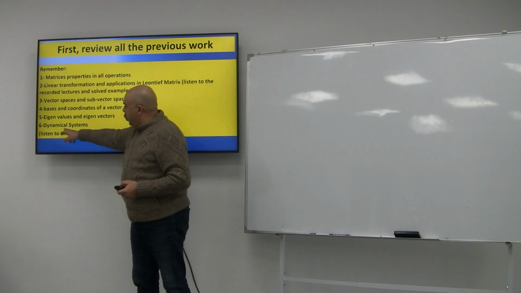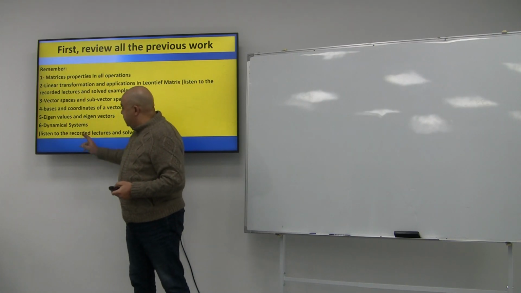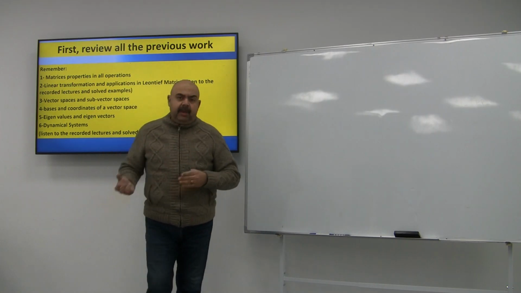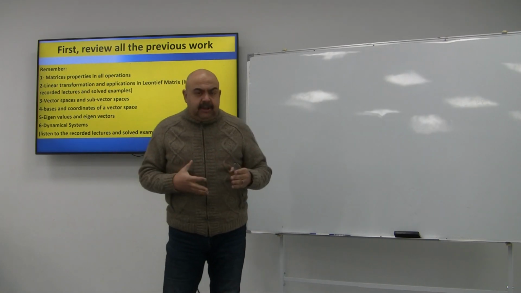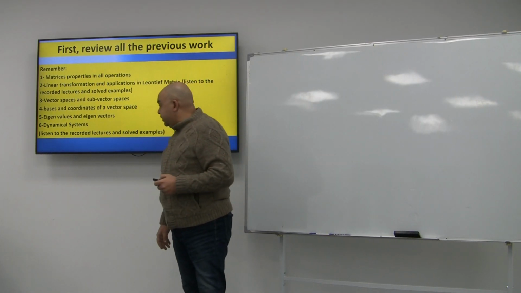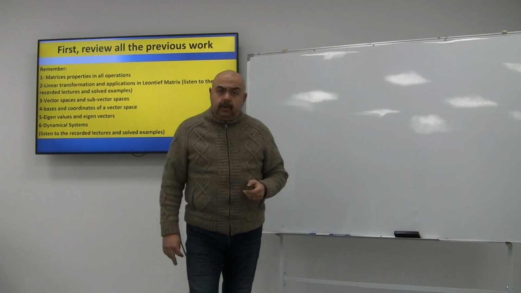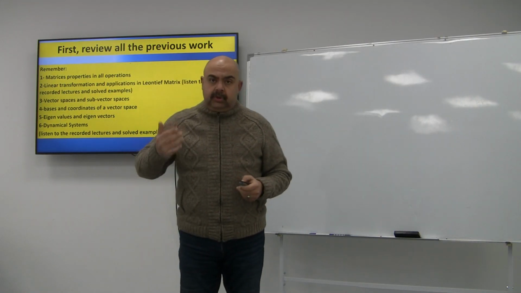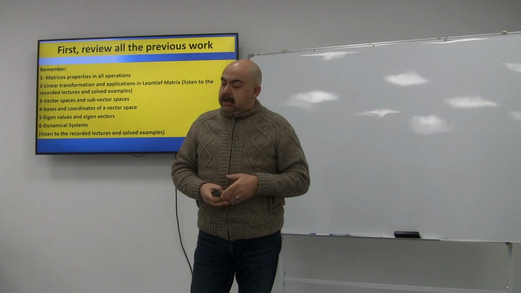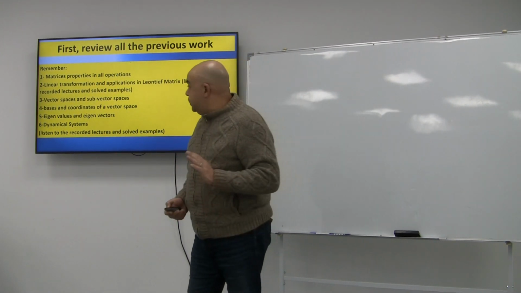Also, don't forget to watch the whole videos of the dynamical systems about moving from A to B and the relations connecting these systems together. This is really a very important video. I want you to look at it before you start any work with previous exams or tests. This is really very important.